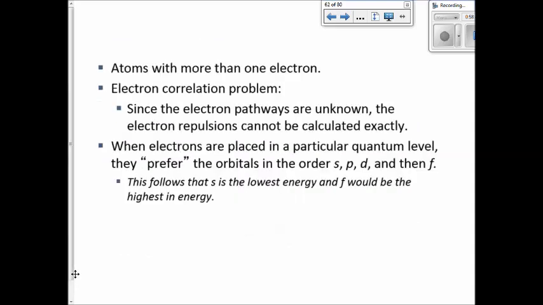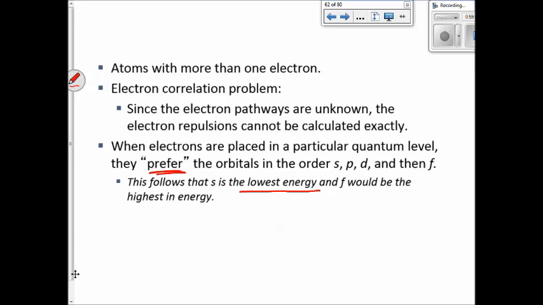Now we're going to go into the penetration effect first. Which way do they prefer to fill? They prefer to fill the lower energy first, lowest energy to highest energy. So that's kind of following the Aufbau principle, starting at the bottom and working your way up.